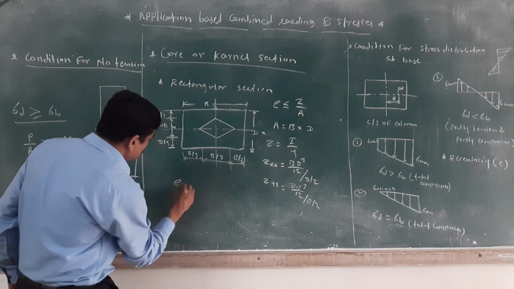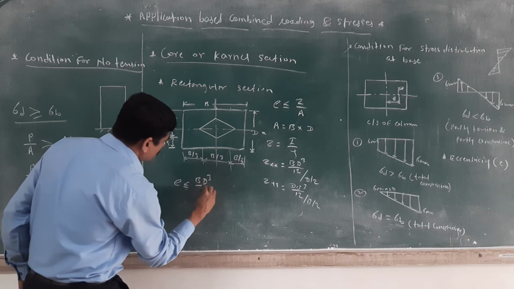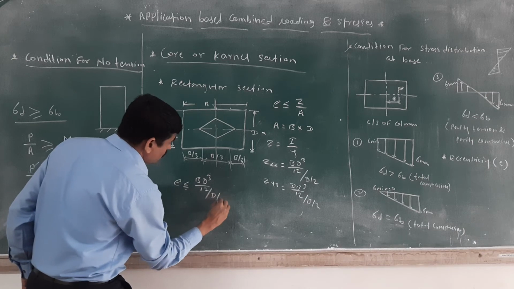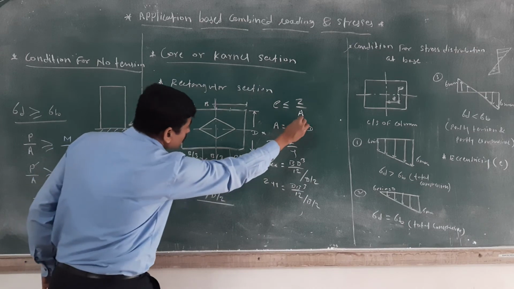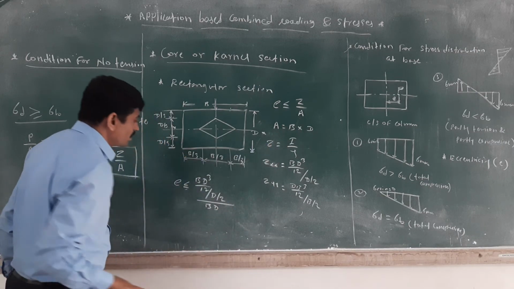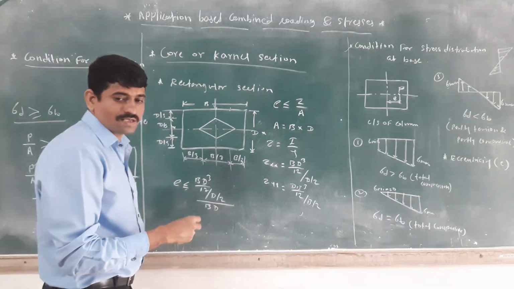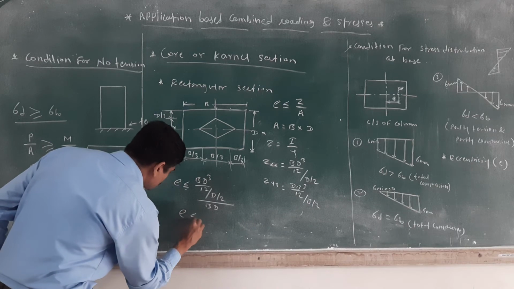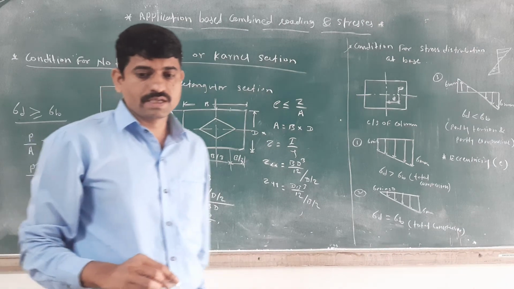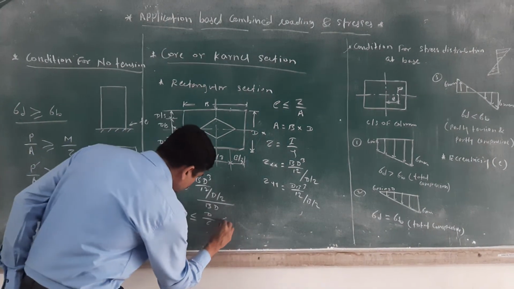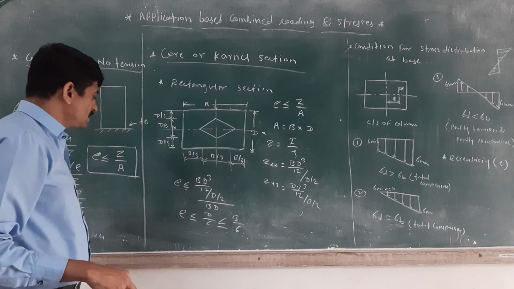E is less than or equal to ZXX, which is BD cube divided by 12 divided by D by 2, again divided by the area B into D. You will get E is less than or equal to D by 6. Sorry, I will check that. E is less than or equal to D by 6.